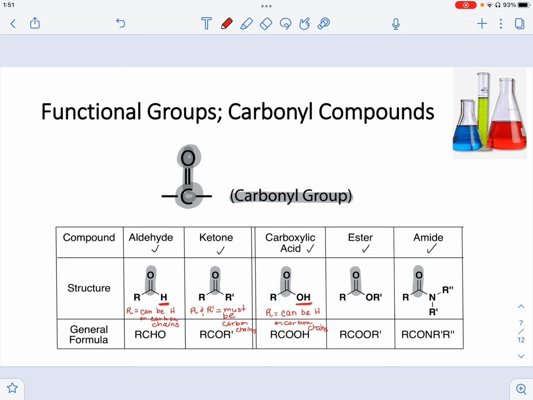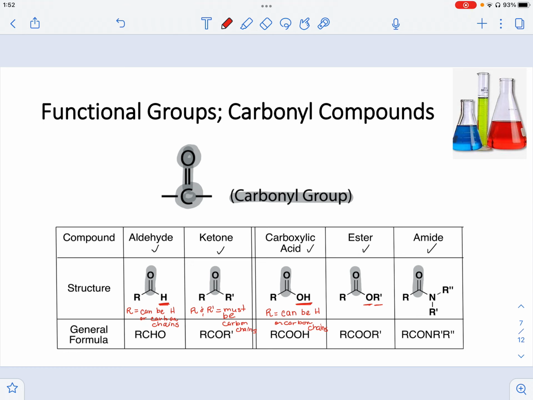The next functional group is an ester. Now, the carbonyl carbon in an ester is in the middle, and to one side it must have a single bond to oxygen. That's what makes it an ester. And it must be bonded to that symbol of R prime, which is just to differentiate in the case that you have two chains on either side of the molecule.